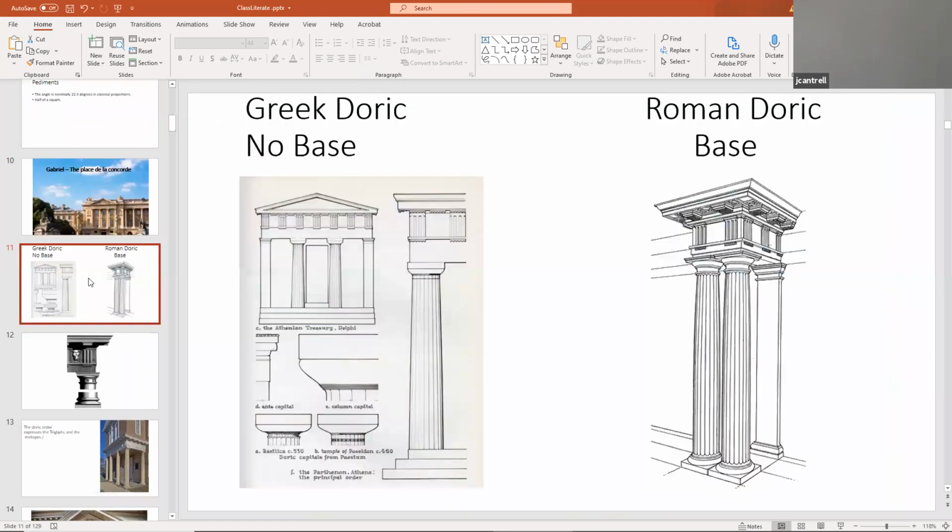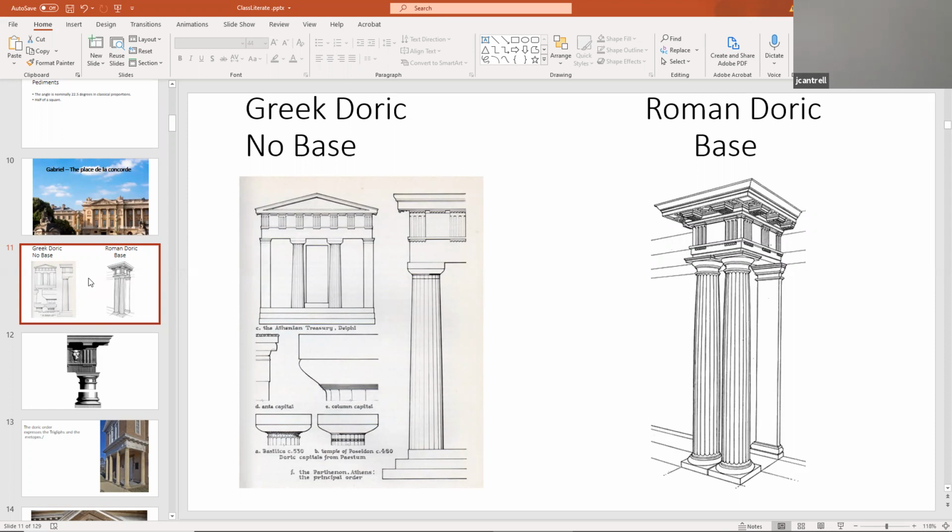Okay, so let's talk about a review of the difference between Greek Doric columns and Roman Doric. I think a lot of people have asked me these questions. How can you possibly tell the difference between a Greek Doric column and a Roman Doric column? On the left, you can clearly see that the Greek Doric column and order does not have a base at all.